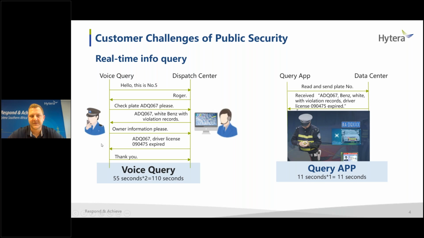For example, if the person on this side was giving out the number plate and the dispatcher captured it wrongly, it can cause mistakes. In this case, you could take a picture of the number plate, upload it via the application, it will interrogate the database and immediately come back with feedback on the specific vehicle. So the room for error is also much less, and you can use smartphone capabilities to interrogate information off a database. It's improved by 10 times.